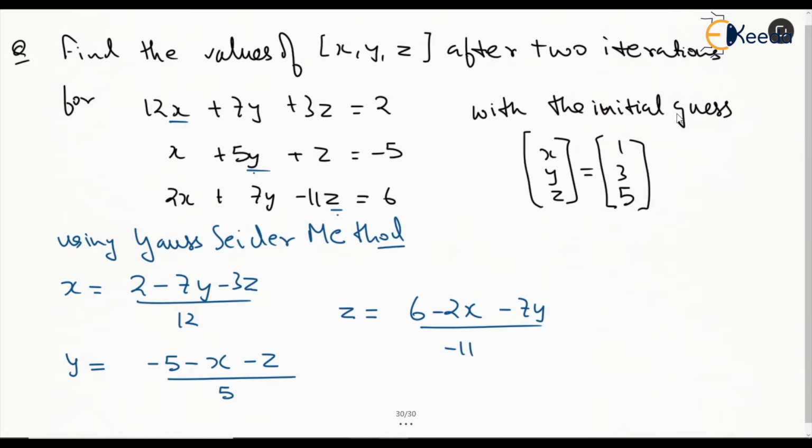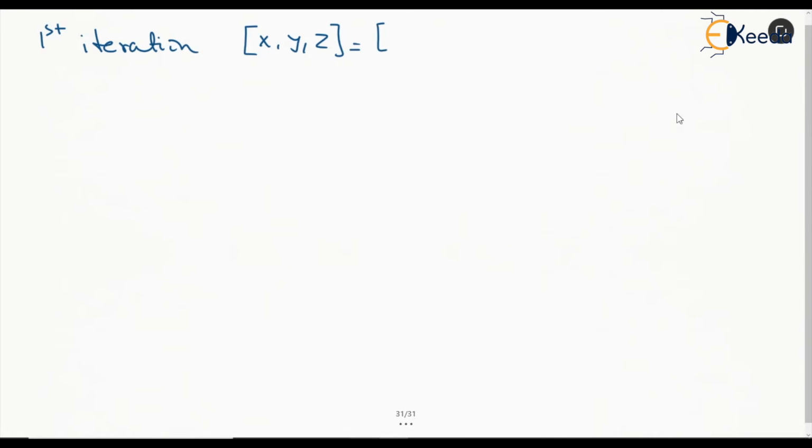Now going for the first iteration, we will have to use the latest values of the variables. As of now the latest values of x, y and z are 1, 3 and 5.